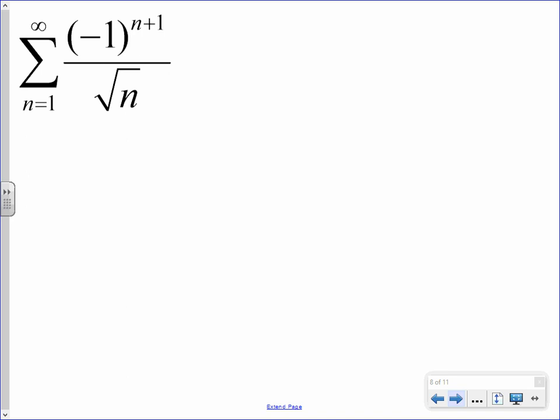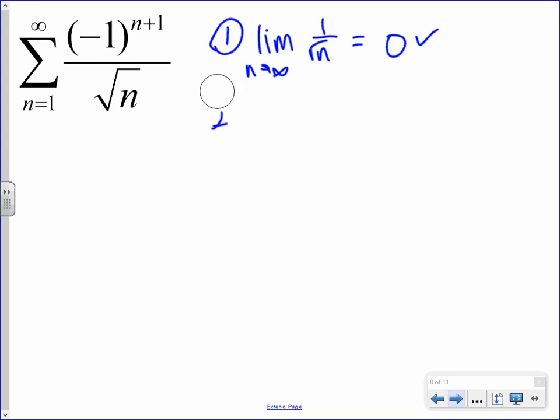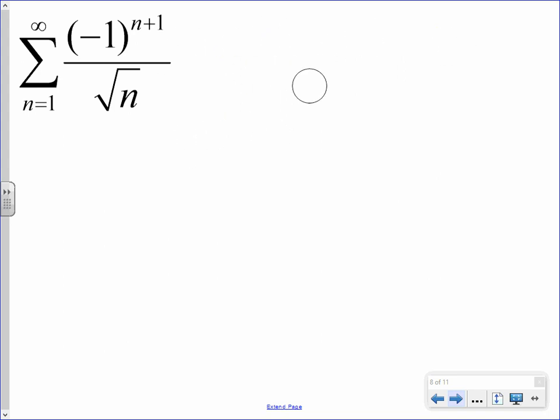Okay, so let's see if this converges. So the limit as n approaches infinity of 1 over radical n. Perfect. Did we already do this? Yes. I think we've already done this. Okay. So we already know that this converges based on the alternating series test because we already did it.